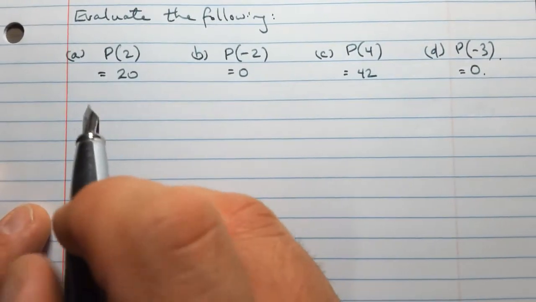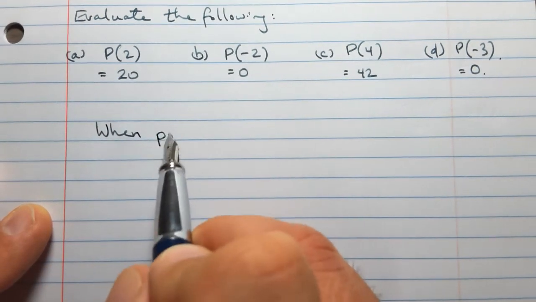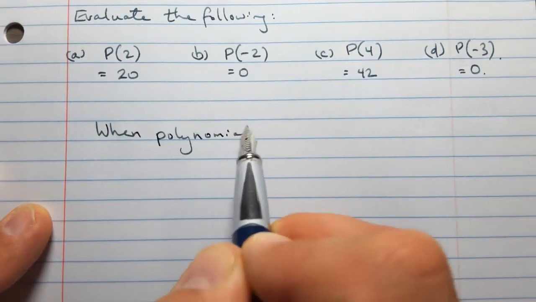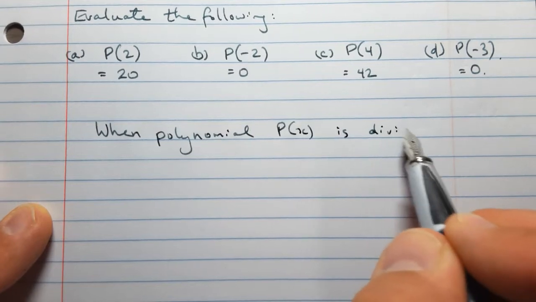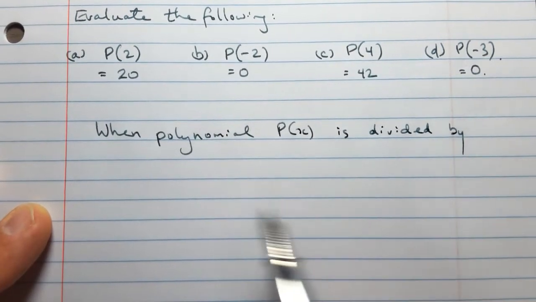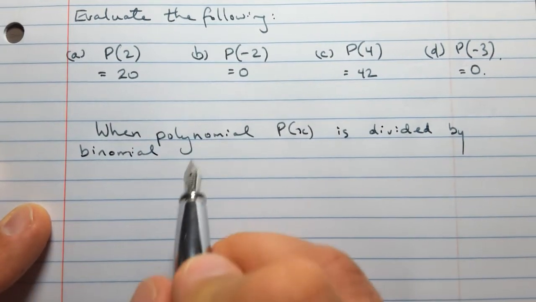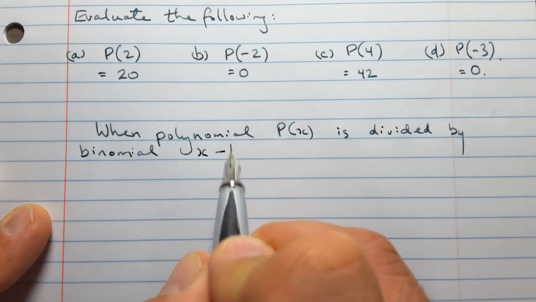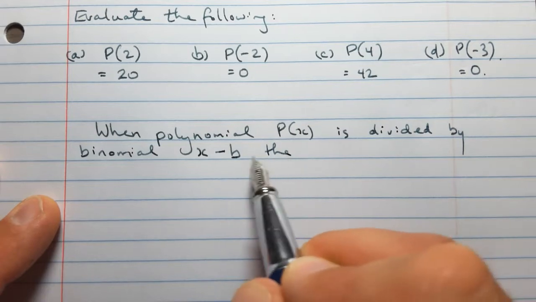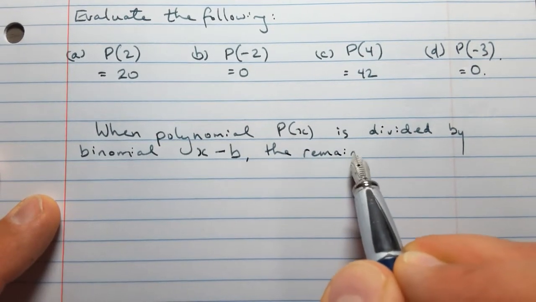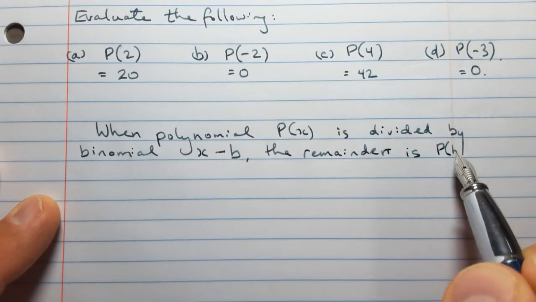So let's write this down. When polynomial p of x is divided by a binomial x minus b, the remainder is p at b.